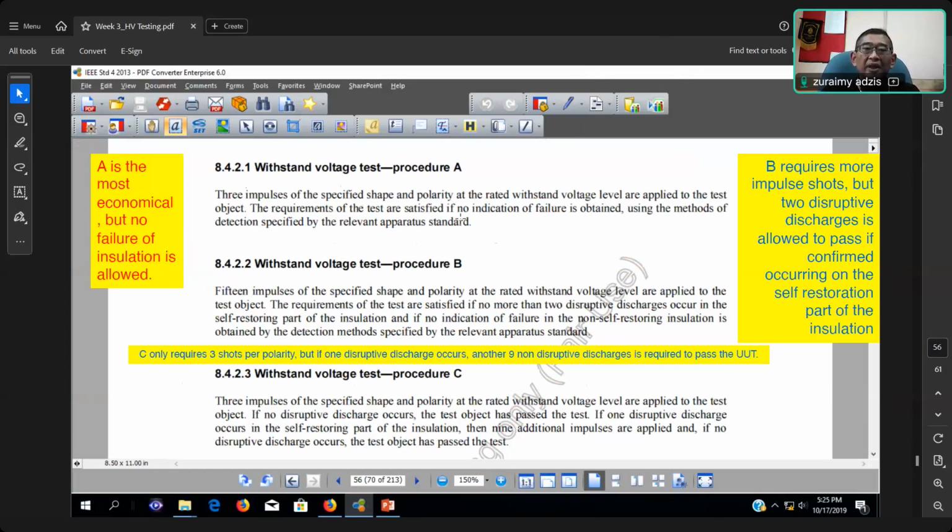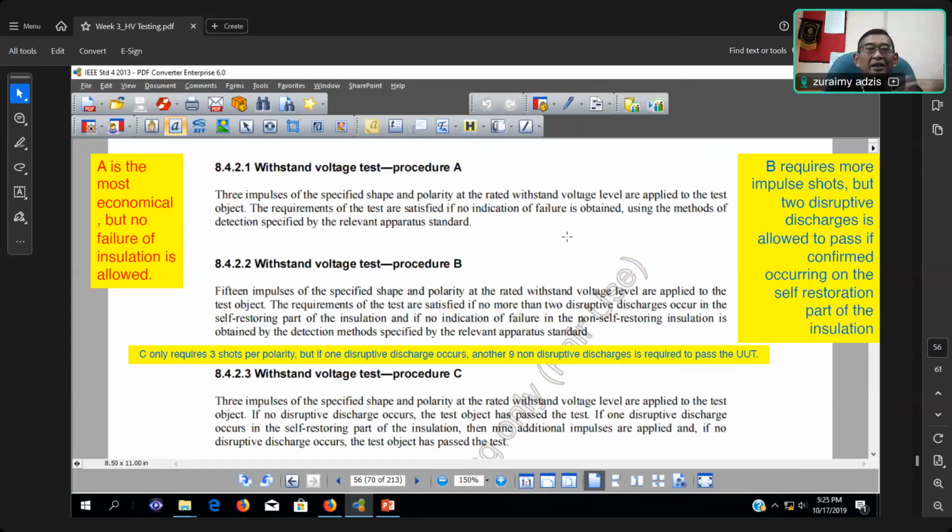The requirements of the test are satisfied if no indication of failure is obtained using the methods of detection specified by the relevant apparatus standards. Meaning that here, no failure is obtained whether you look at it visually or on the oscilloscope. There's no voltage drop or voltage breakdown.